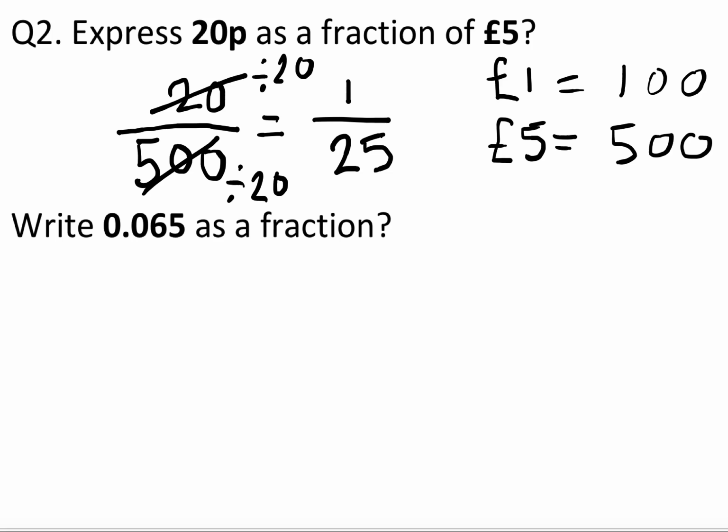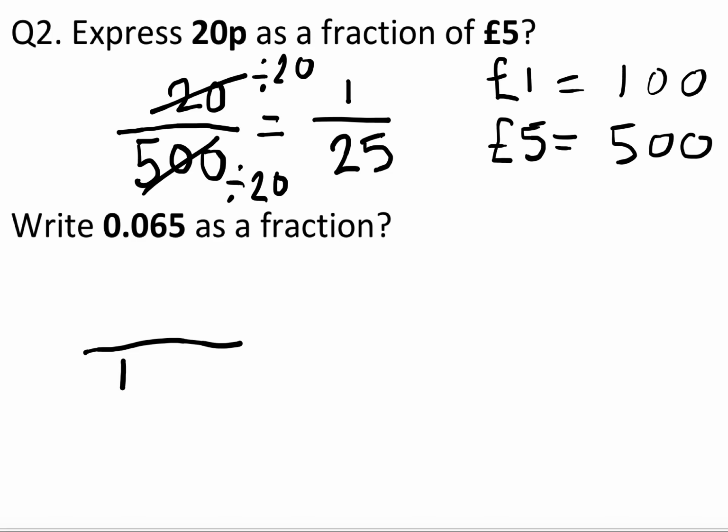So the next question is we've got a number here, 0.065, and we need that written down as a fraction. So again, the denominator at the bottom, we would start with 1. And at the top, we've got 65.